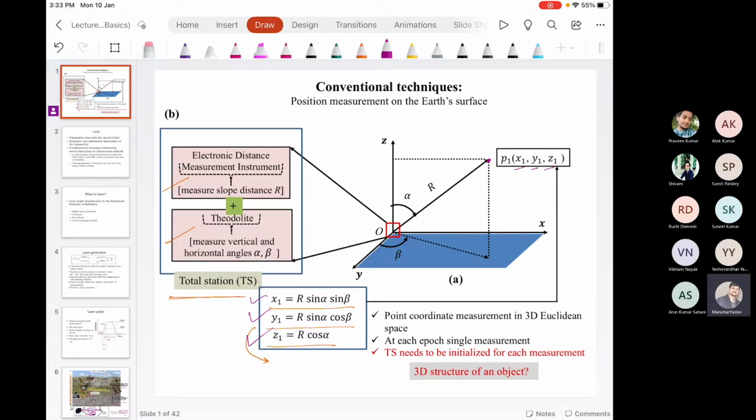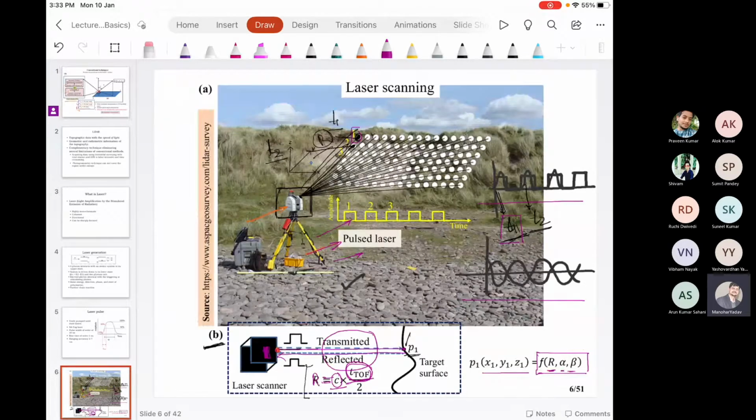Now, what is the benefit of LiDAR over TS? Let's say for this particular problem statement, our aim is to do the geometrical surface generation of this terrain. If you want to geometrically represent this terrain, how can it be done?